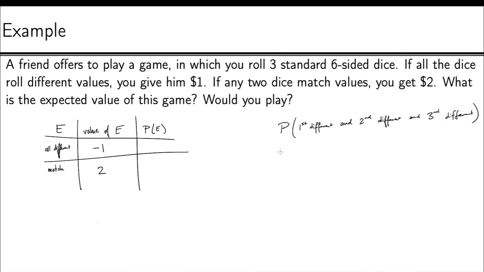This is an and statement, and of course the 3 dice do not affect each other, and so we could just multiply the 3.